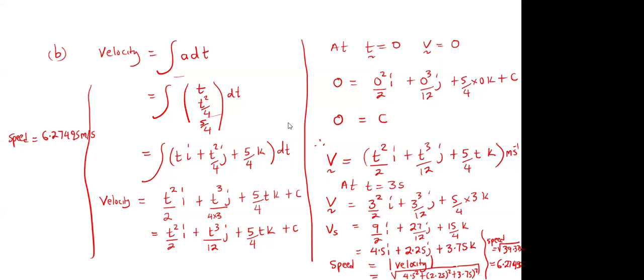Oh, Timothy, for part B, to obtain speed, you first obtain velocity. Then from velocity, you obtain the speed because speed is equal to the magnitude of velocity. So first obtain your velocity.